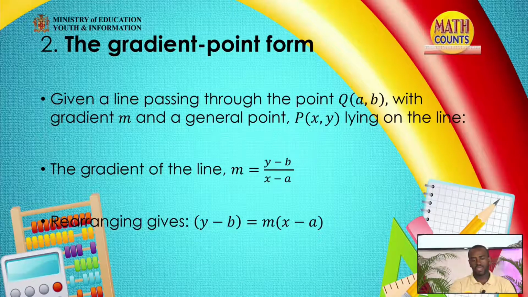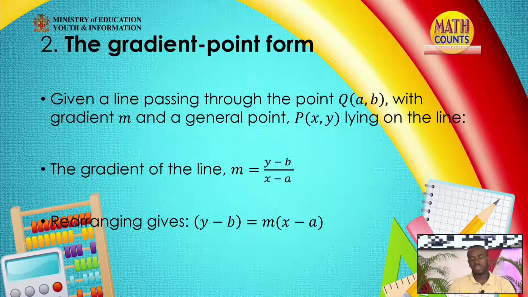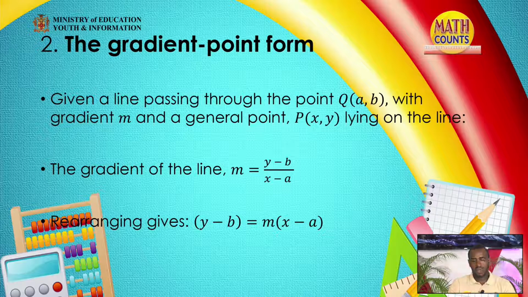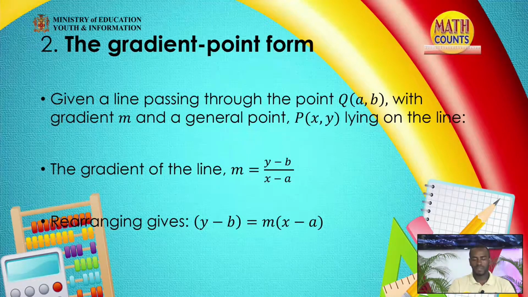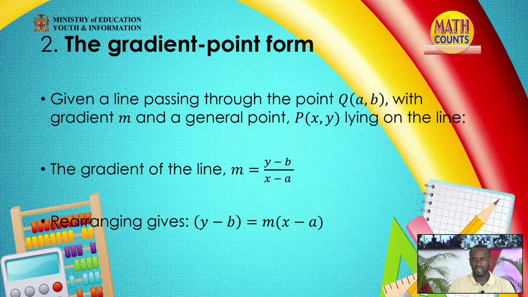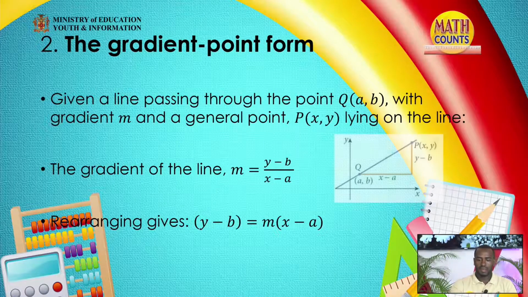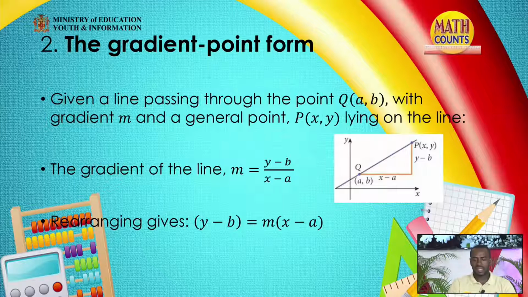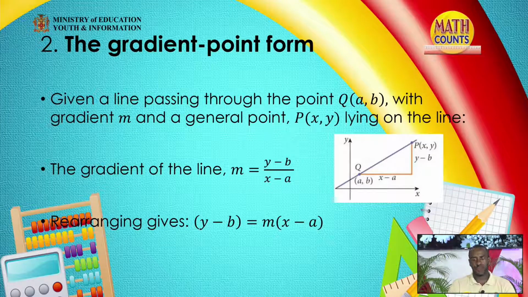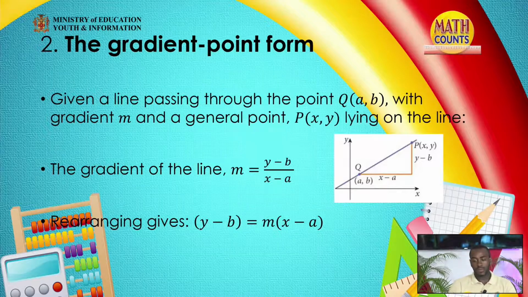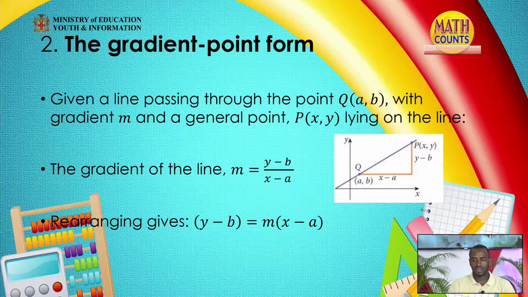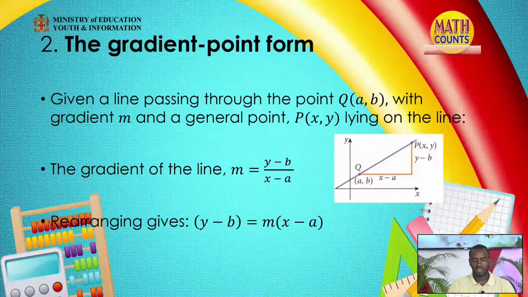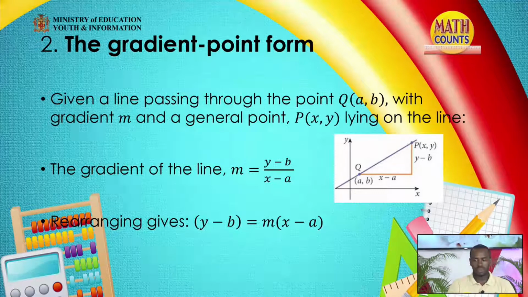When we rearrange that equation, you will get y minus b equal to m times x minus a. As you can see in the diagram, it represents the 2 points that we made mention of earlier. And keep in mind as well that this is the most useful form of the equation used in later courses.